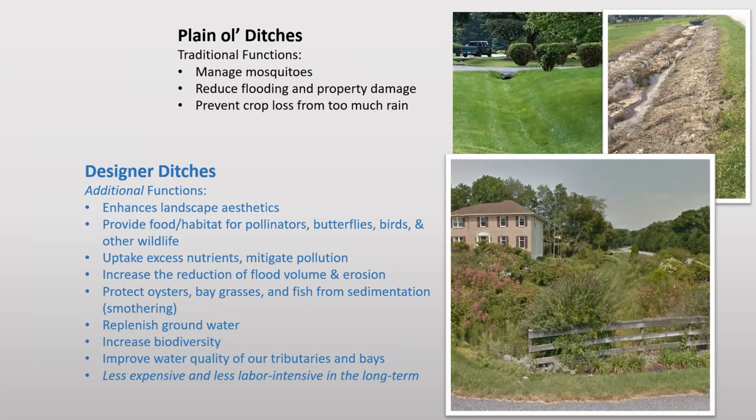Designer ditches mostly do that, but can do more things as well. And so there's a bunch of things beyond that. Anything from improving aesthetics, which I know is in the eyes of the beholder, but I would argue that this is better than that or that. But there are some who just like to see turf grass, and I understand that.